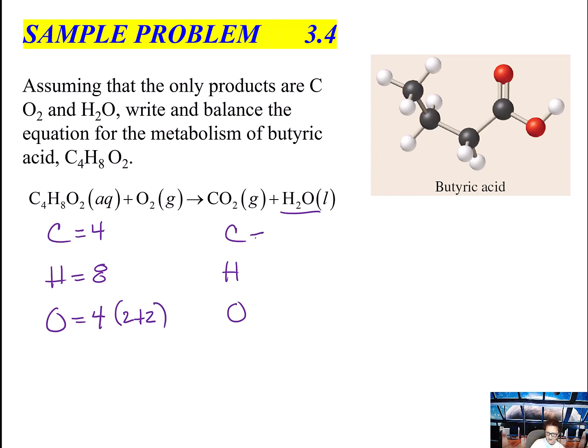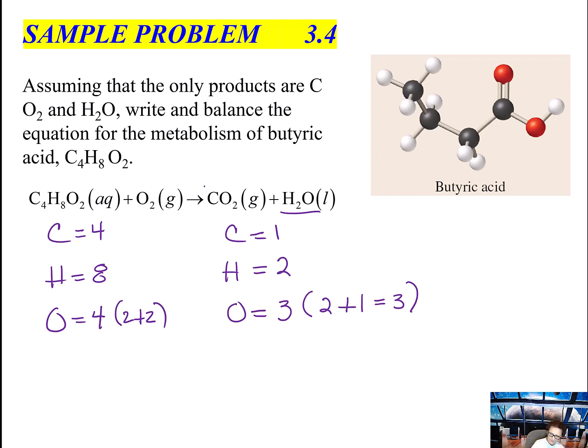On this side, I have 1 carbon, I have 2 hydrogens, and I have 3 oxygens, which are 2 from the carbon dioxide plus 1 from the water molecule. All right, so if I follow my rules, I'm going to do carbons first.